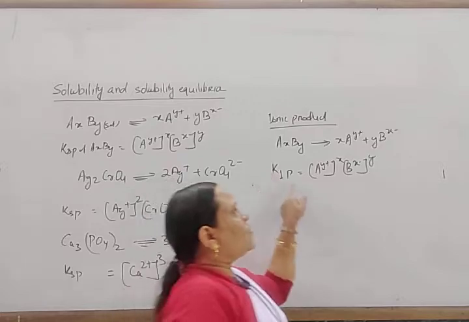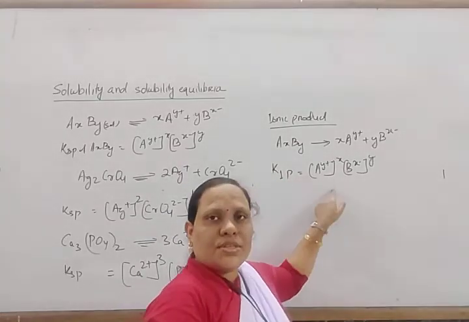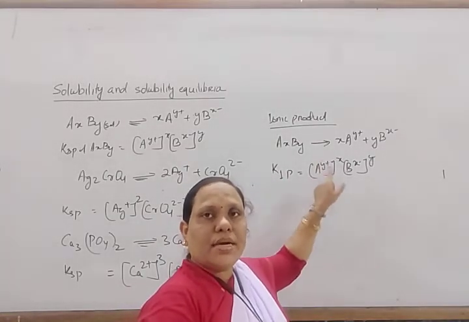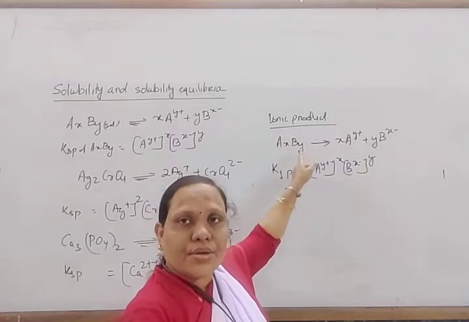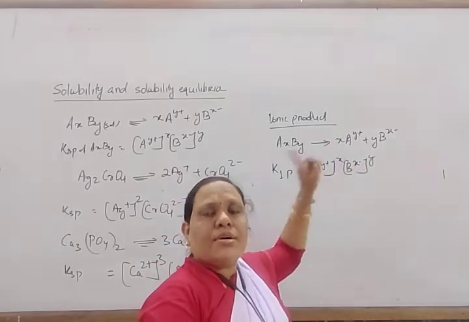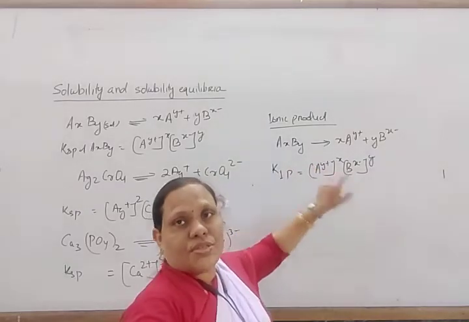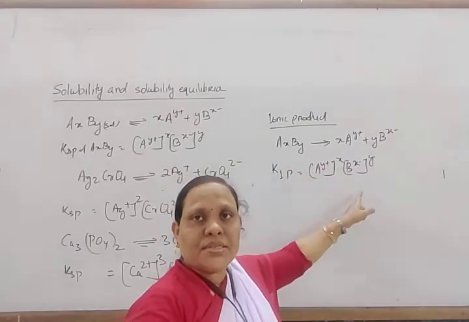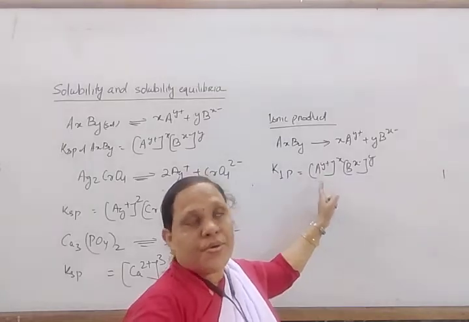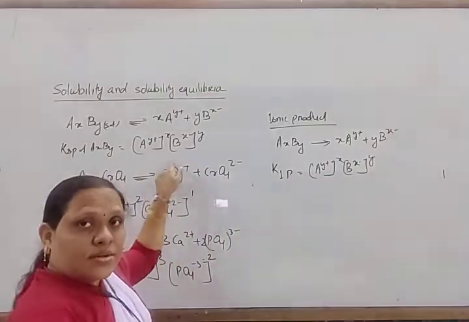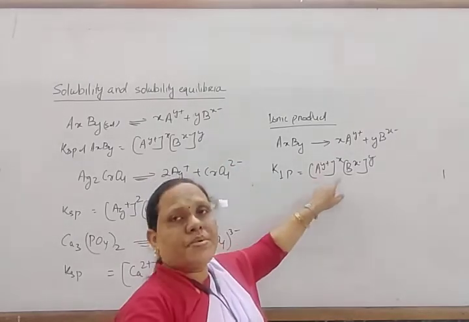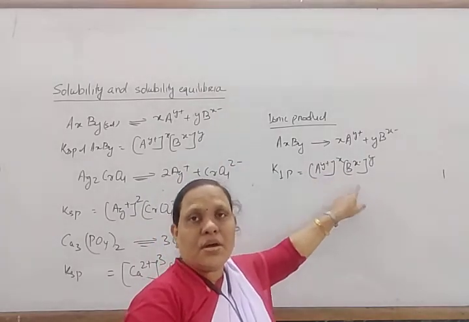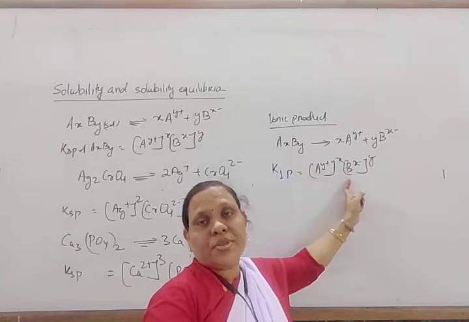This is also the product of molar concentration of ions, each term raised to the power equal to the number as given by one molecule of the salt. But the difference is that solubility product is at saturated condition, whereas ionic product is at any concentration of the solution, at a particular temperature.